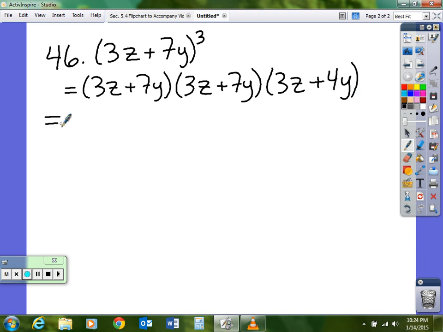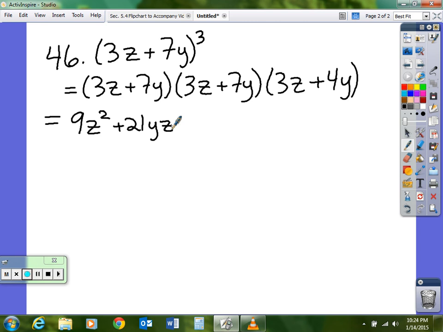Let us work. Using FOIL in the first two sets of parentheses, 3z times 3z, first terms. That gives us 9z squared. Outside, 3z times 7y. 3 times 7 is 21. Listing them in alphabetical order, yz.